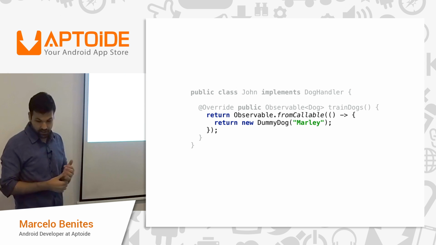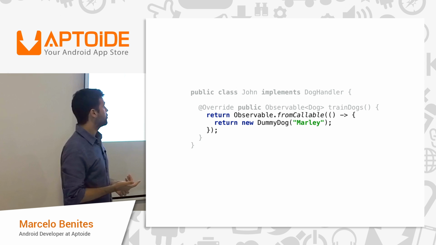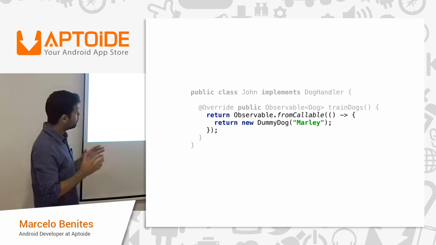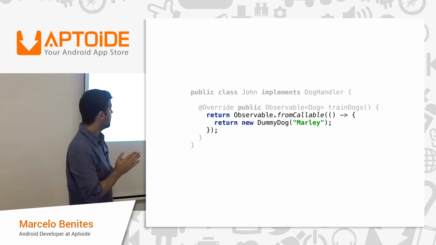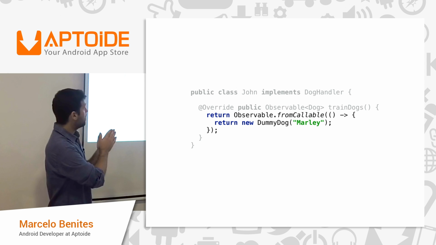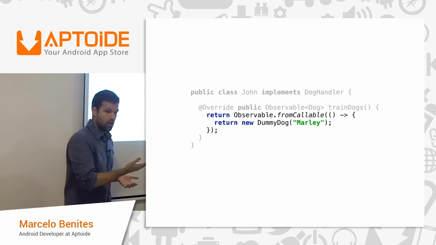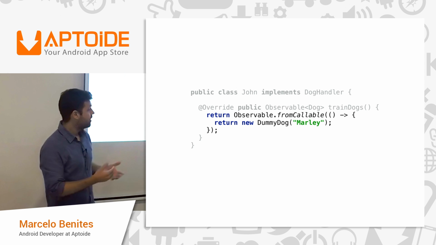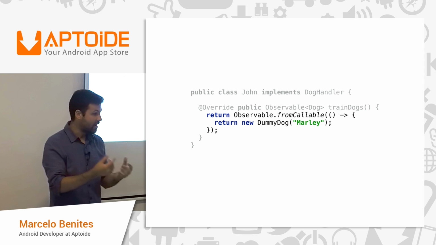Also, this is slightly different, but it's using the fromCallable static method. It receives a function, and this function will return the dog. This is really important for us to notice, the difference between declarative and imperative. This kind of approach will defer the creation of this dummy dog until someone starts to listen to this observable. On the other hand, when we create using the just method, the dog will be created beforehand, and when someone starts to listen to it, it will be created already.